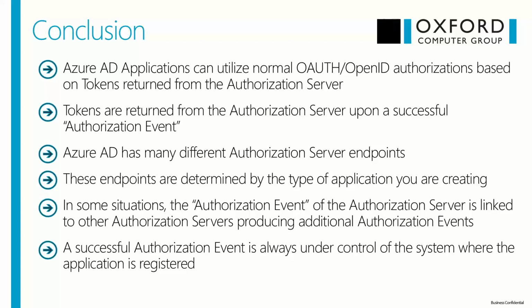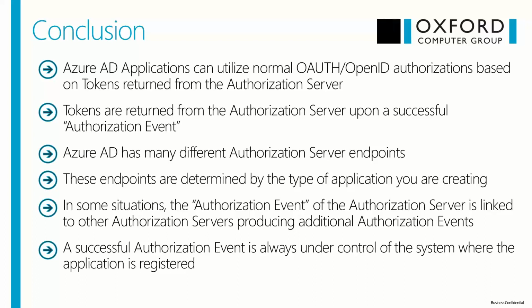And Azure AD has a lot of different authorization server endpoints. These endpoints are determined by the type of application you're creating as well as the type of tenant you're using. And in some situations, the authorization event, when you design it this way, is linked to other authorization servers for producing additional authorization events.